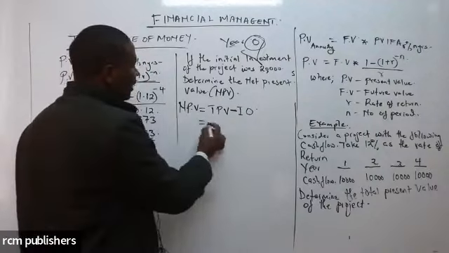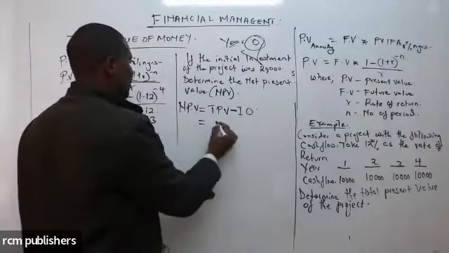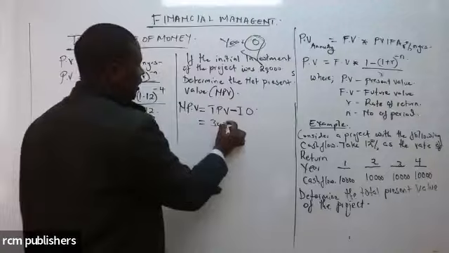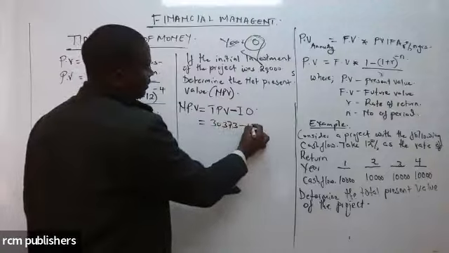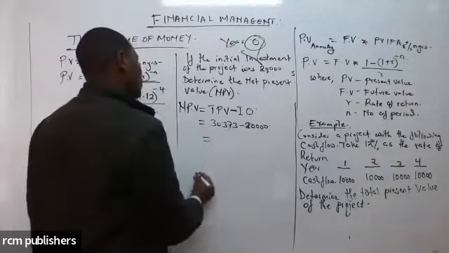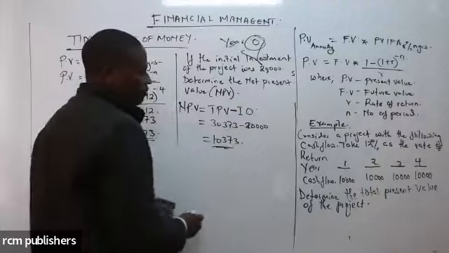So for us to get the net present value of this project, you just take 30,373 minus 20,000. And this gives me 10,373.